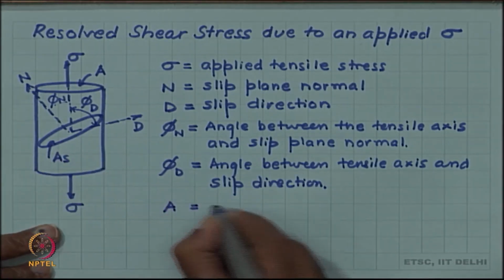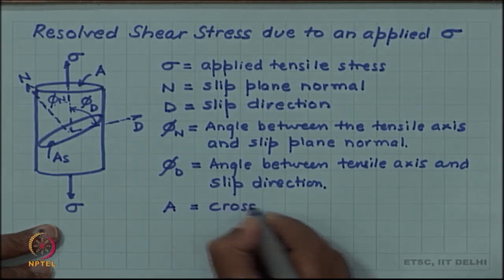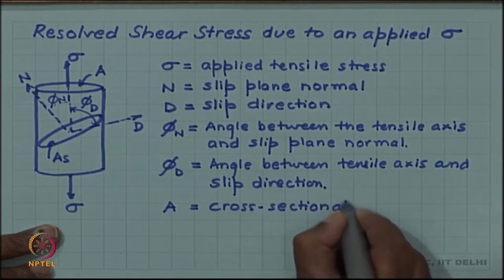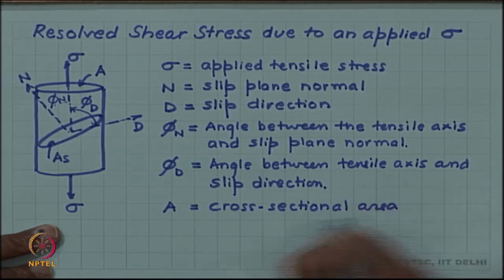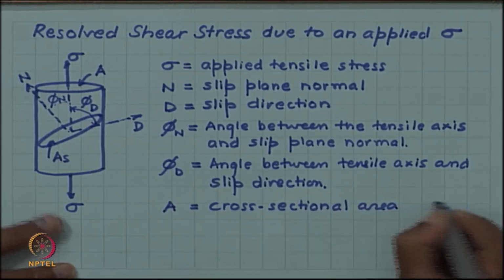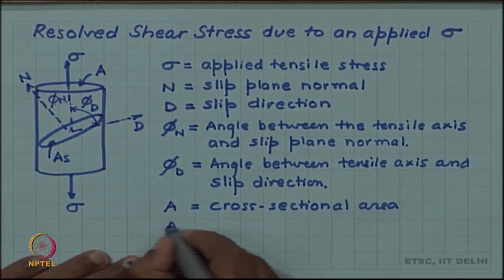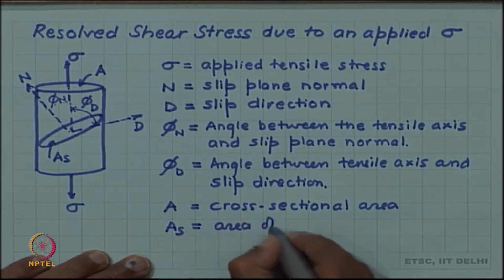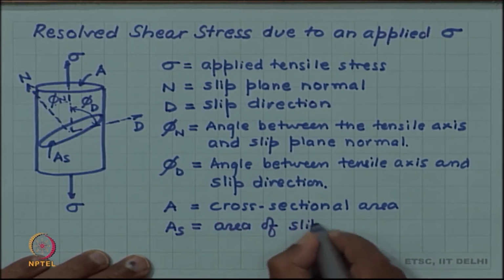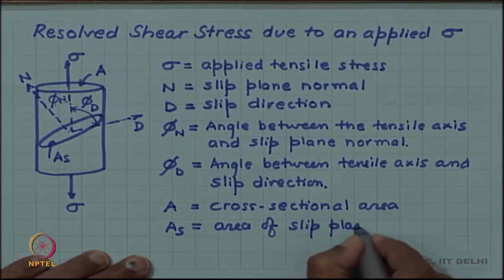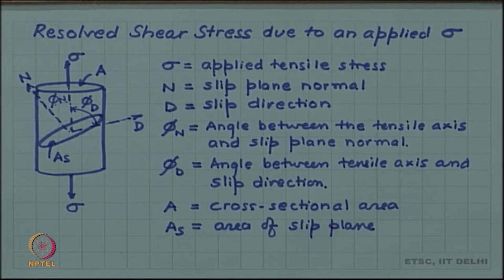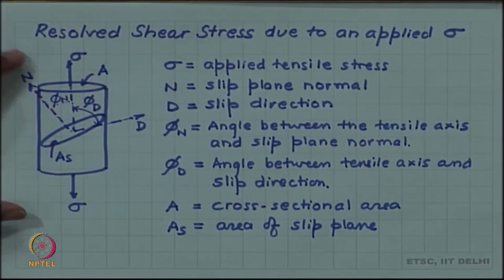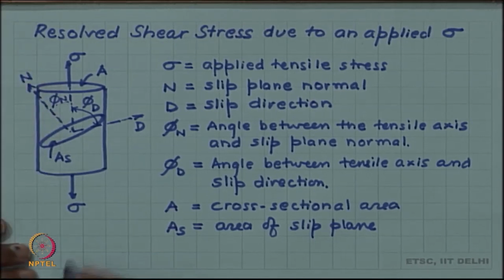So, A is the cross sectional area of the specimen and A_S is the area of slip plane. With these variables we can now try to find the resolved shear stress.